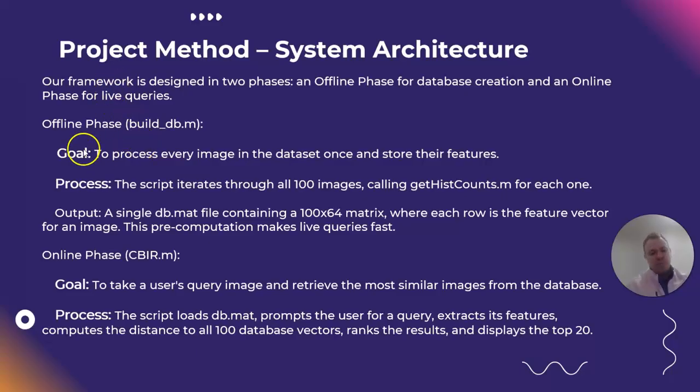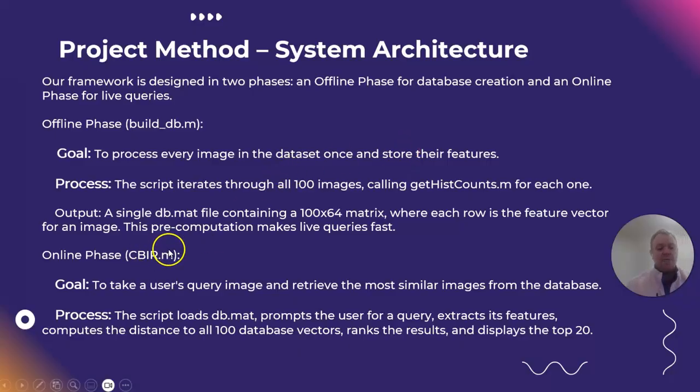The goal of the offline phase was to process every image in the data set and store all their features in a 100 by 64 matrix. The 6-bit image has 64 color combinations, and there are 100 images, so that's the resulting matrix of the processing. Each row is the feature vector for those images. And again, that speeds things up incredibly.